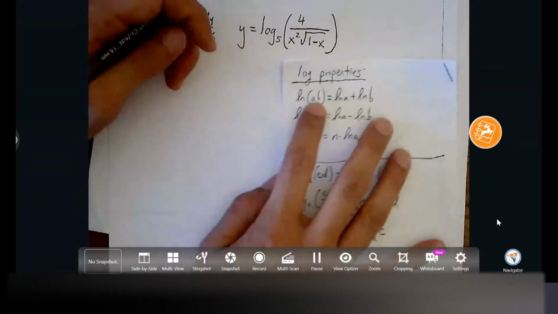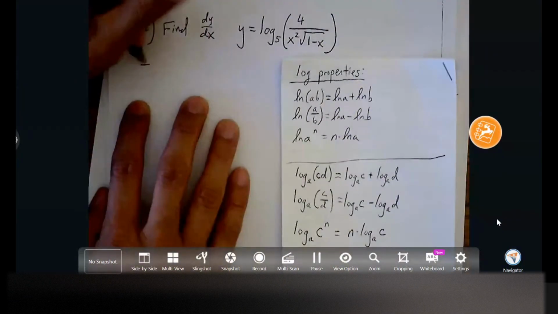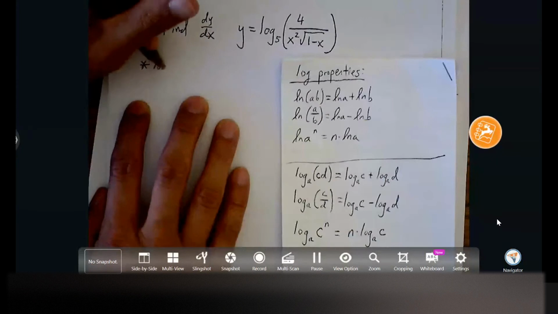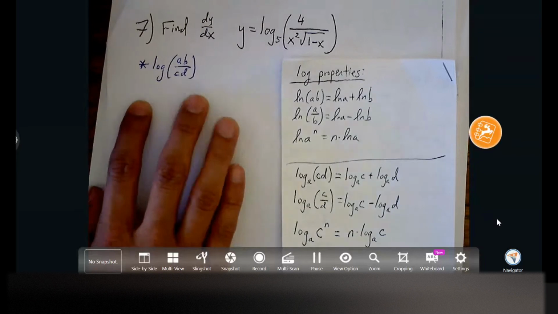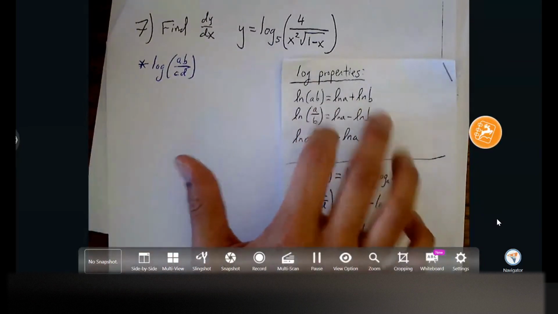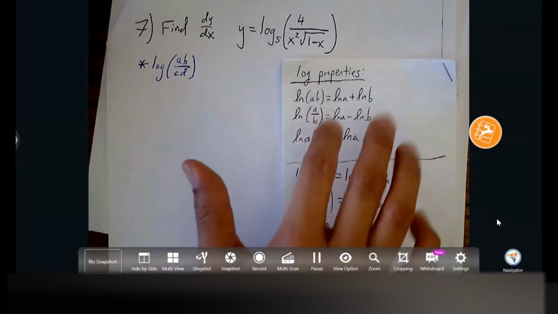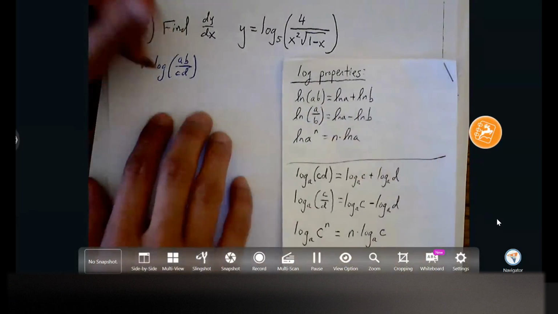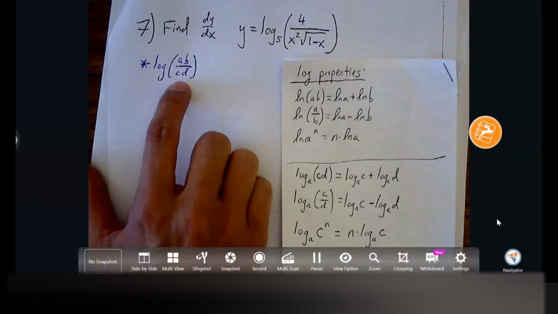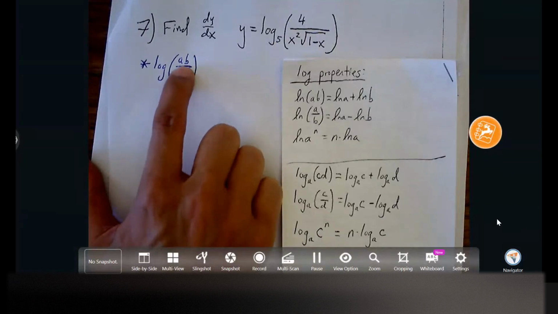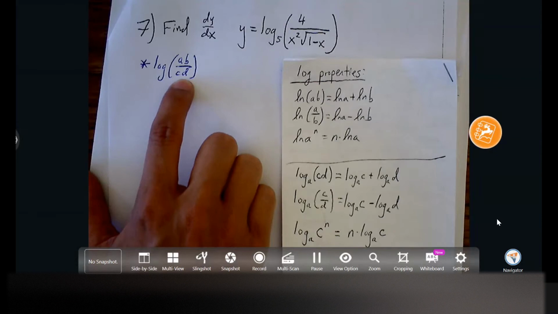So here is something that may help. If I have a log of multiple terms multiplied and divided by each other, we can kind of avoid having to go through each and every method. Just understand that you're going to have a combination of 4 different log terms here. Anything in the numerator is going to be part of a positive log term. Anything in the denominator is going to be part of a negative log term.